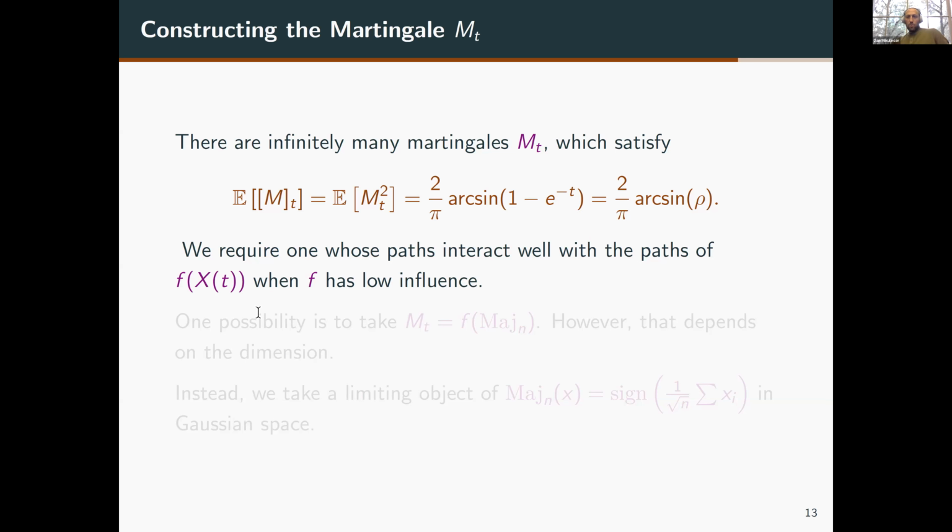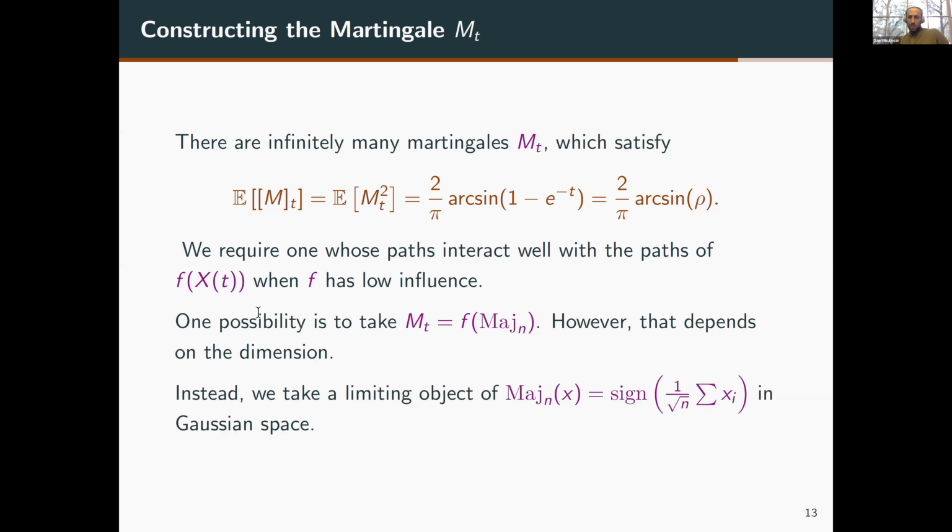So the easiest thing you could do is apply majority to the process Xn. But this is somehow not such a canonical choice because majority is different in every dimension, and we want really a limiting object. Otherwise, we will need to account for the error term of majority with respect to arcsine.